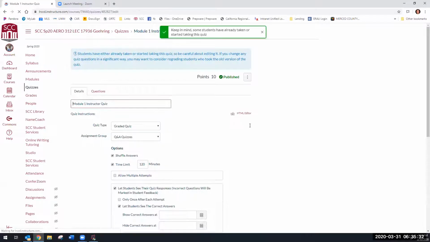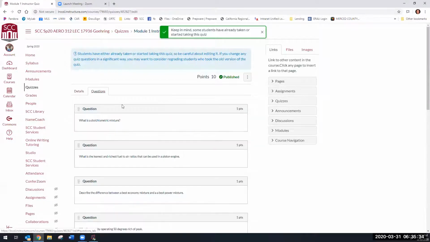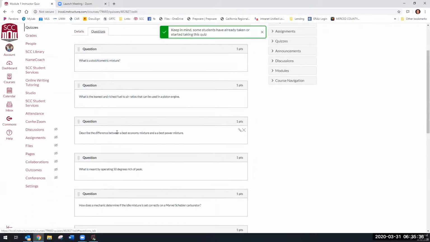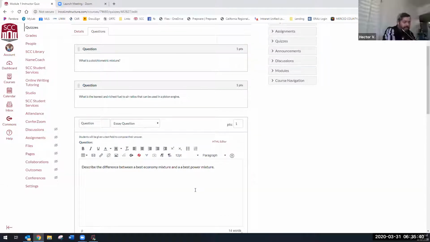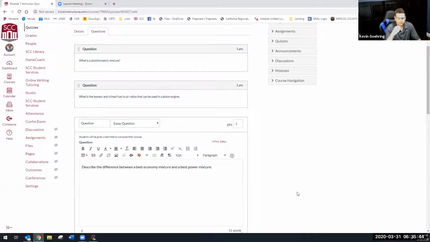What I put, because I read it in the textbook, was that the economy would also give you the desired airflow to the engine. Yeah, I messed that one up. And power was the greatest power that there is.